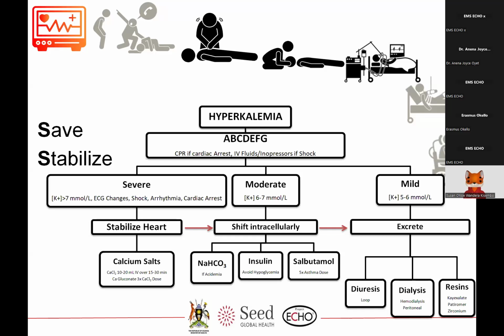So you want to re-establish a membrane potential that allows sodium channels to open so sodium can go in. So calcium salts are quite a quick way of doing that because they are doubly charged and you administer them rapidly to a patient. They go in, they increase the extracellular positive charge relative to the intracellular charge, and that re-establishes the membrane potential. That allows the sodium channels to open and sodium can go into the cells.